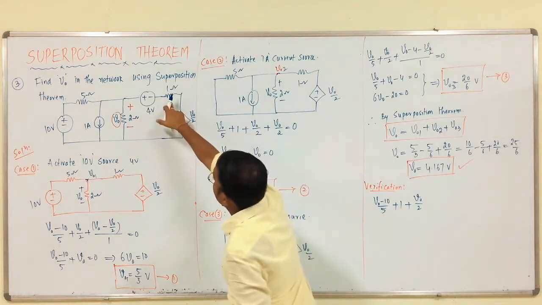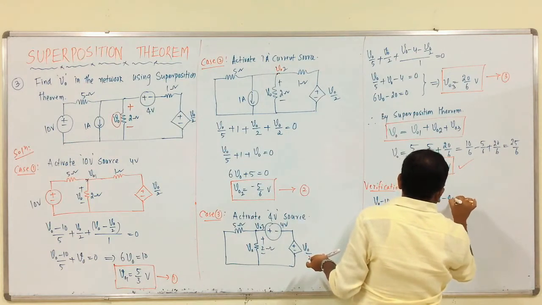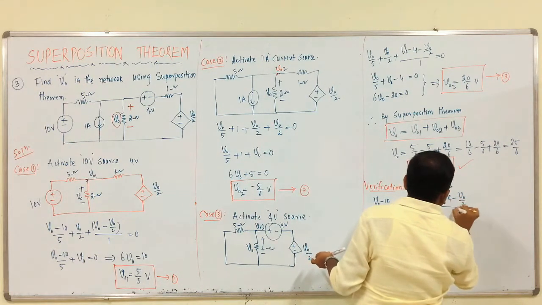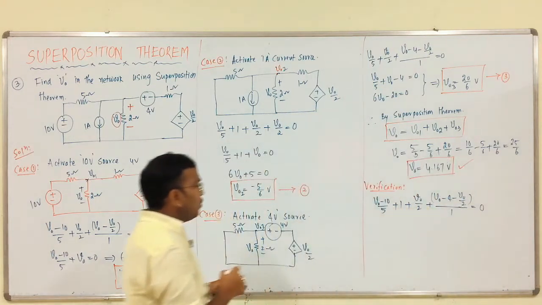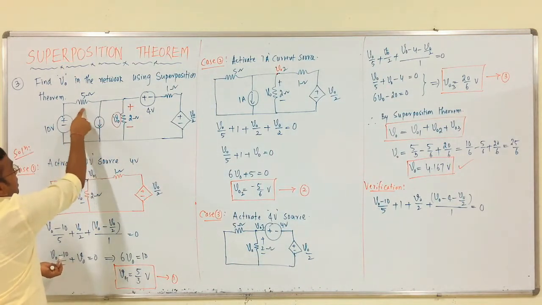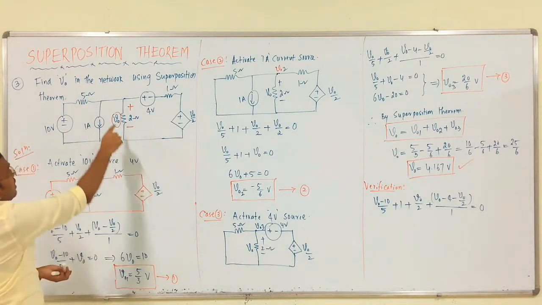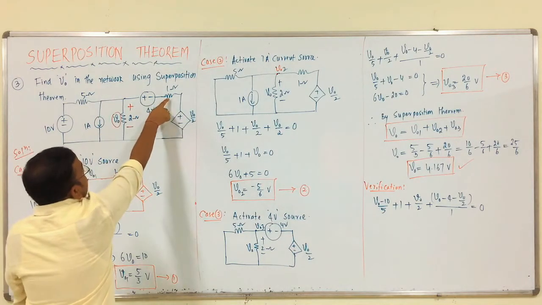Next, this part, V naught minus 4 minus V naught by 2, by 1, is equal to 0. So, this is the KCL nodal analysis from this circuit. So, V naught minus 10 by 5, 1 ampere is leaving, plus 1 plus V naught by 2 plus V naught minus 4 minus V naught by 2 by 1.